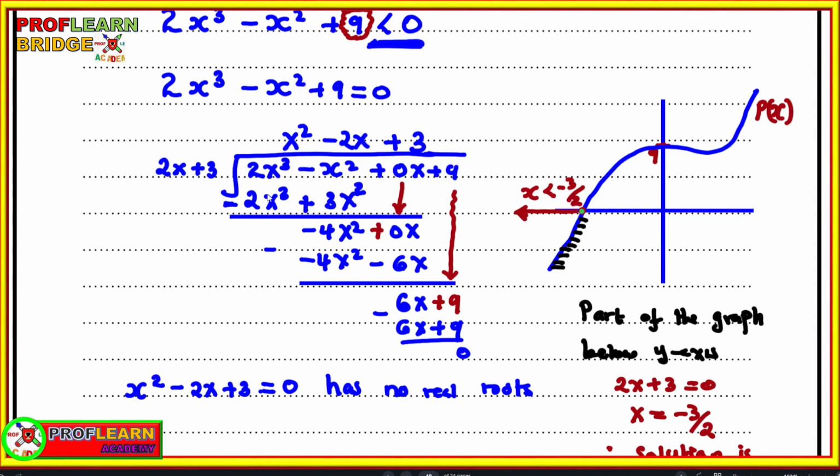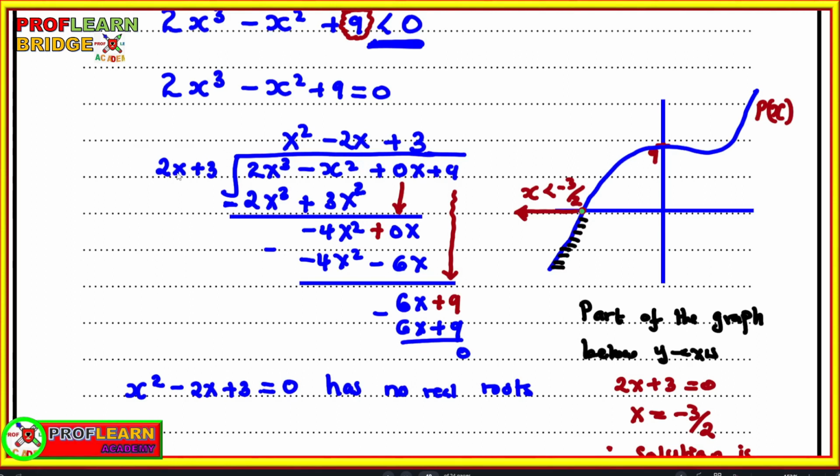Then we subtract the two parts. This part is going to be 0, and then minus x squared minus 3x squared, we get negative 4x squared. Then we pull this down. The next term we take is negative 2x.